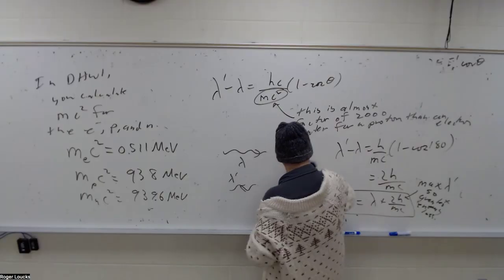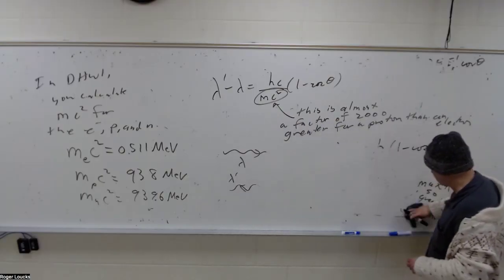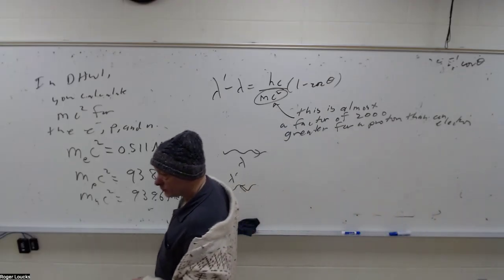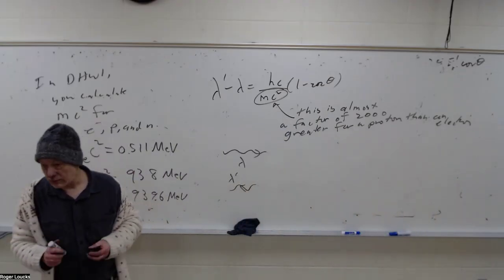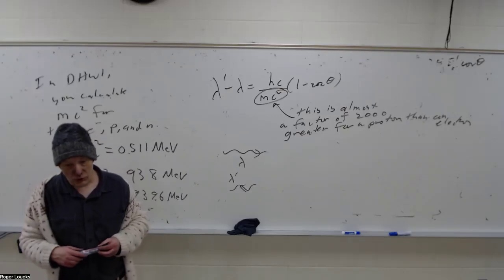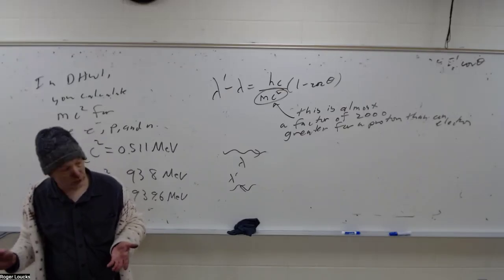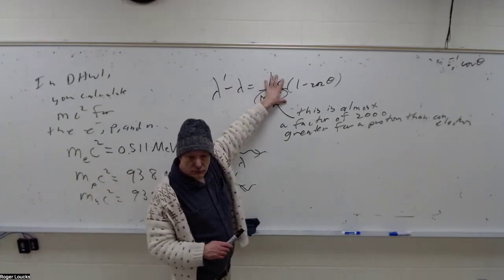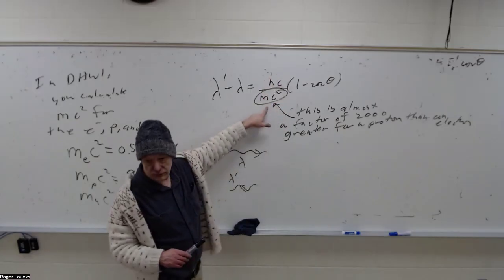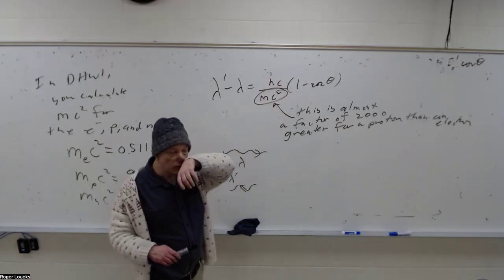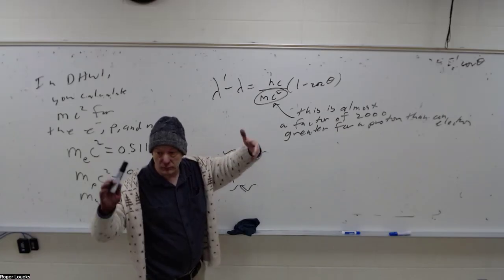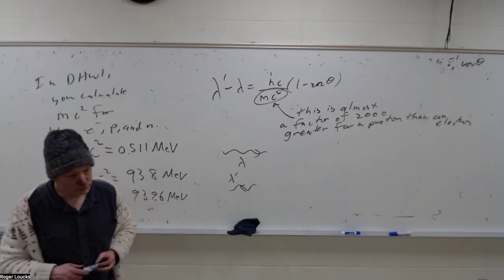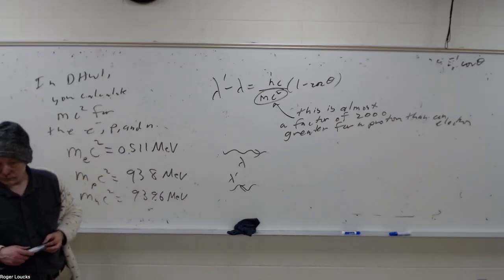So what's going to happen if you scatter the same photon from a proton or an electron? For the proton, there's almost no change in the wavelength. This is so large here, this is getting pretty close to being 0 because it's a factor of 2,000. For the electron, it isn't. So when you're Compton scattering from an electron, it's going to be a bigger effect than Compton scattering from a proton. That makes sense?